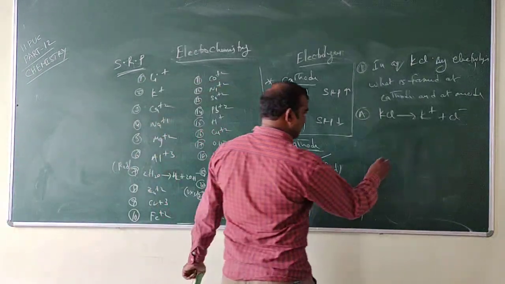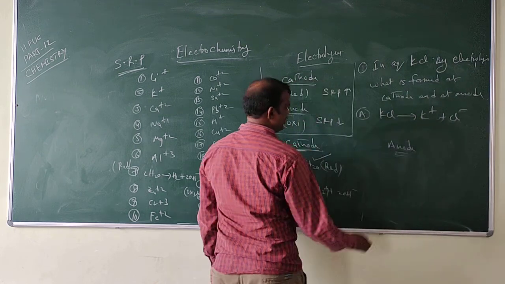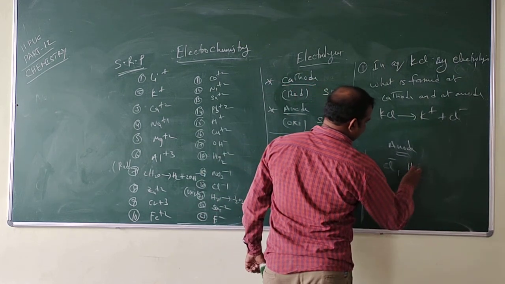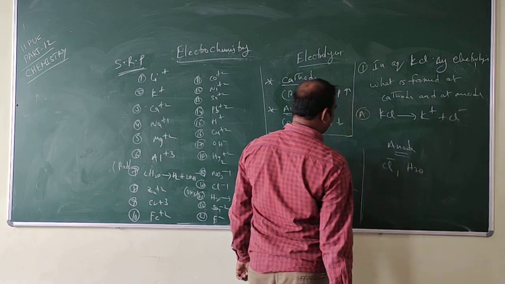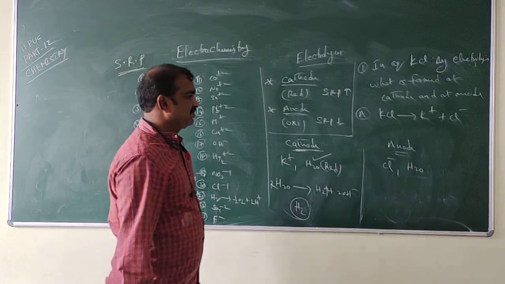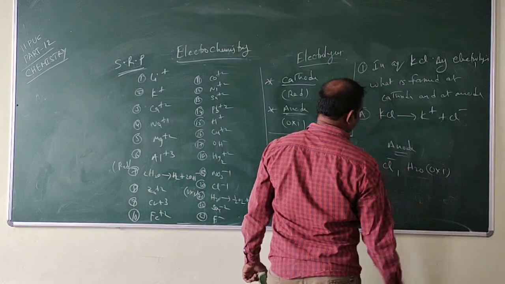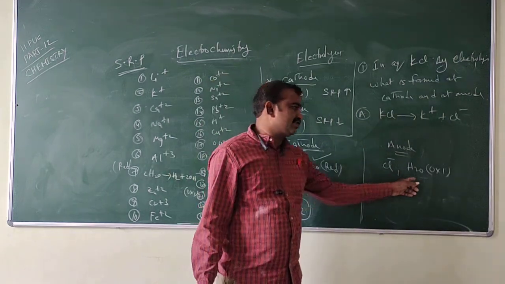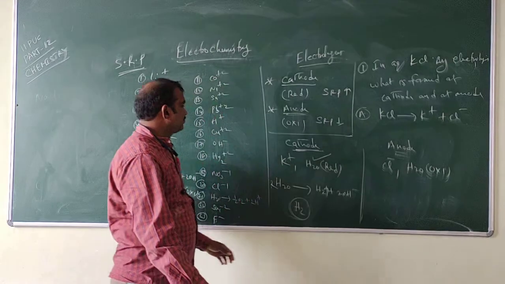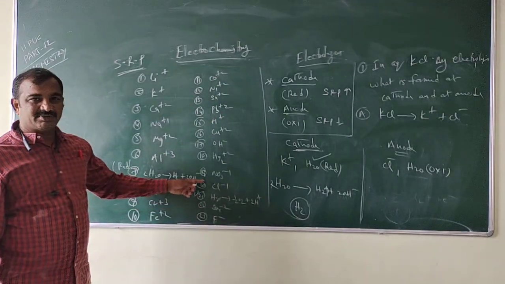Like that at anode. At anode there is Cl minus and H2O. Why are you writing H2O? Because it is aqueous. So H2O anode oxidation. Cl minus and H2O oxidation, which has the low SRP value?